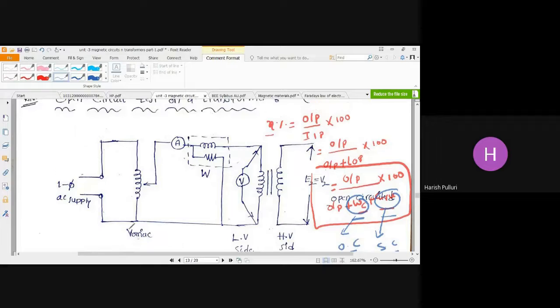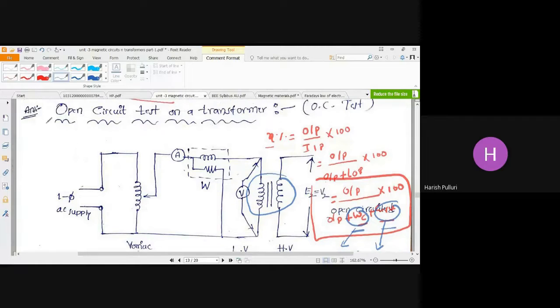So this is the diagram for the open circuit test. Look here. First, I am taking a transformer, and what is this test? Open circuit. The name itself is saying open. If you observe this side, I have connected the supply, along with an ammeter, voltmeter, and wattmeter.